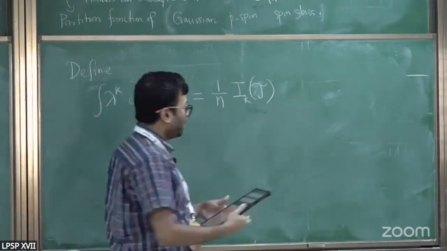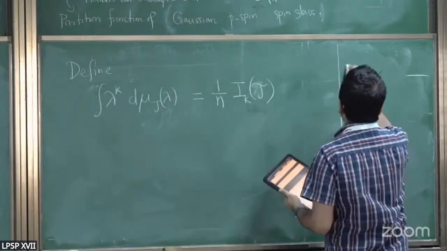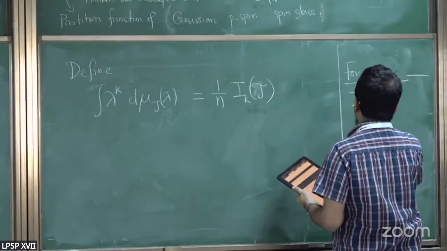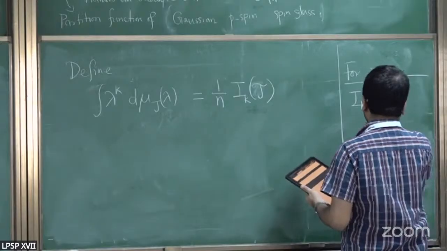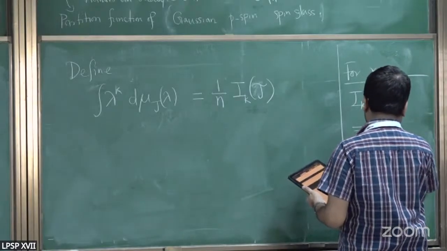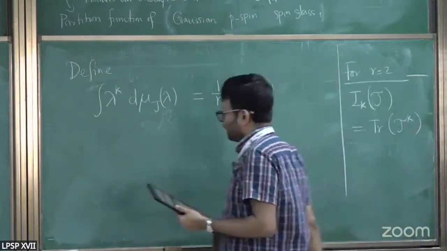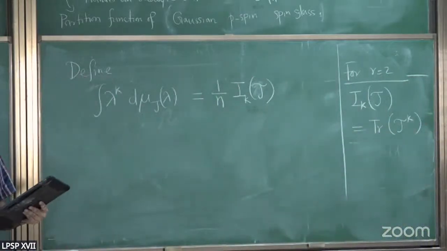So for r equal to 2, these objects I_k(T) are precisely the trace of the kth power of T for matrices.